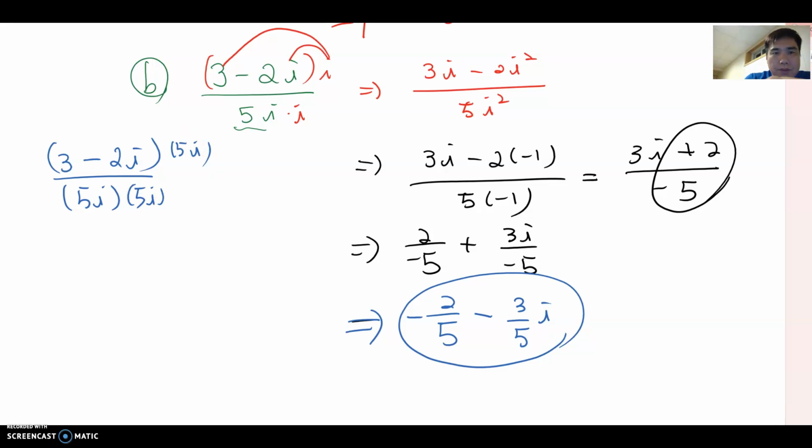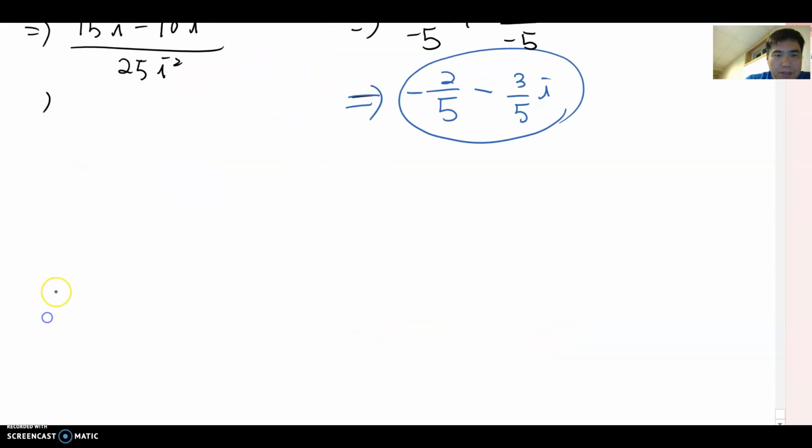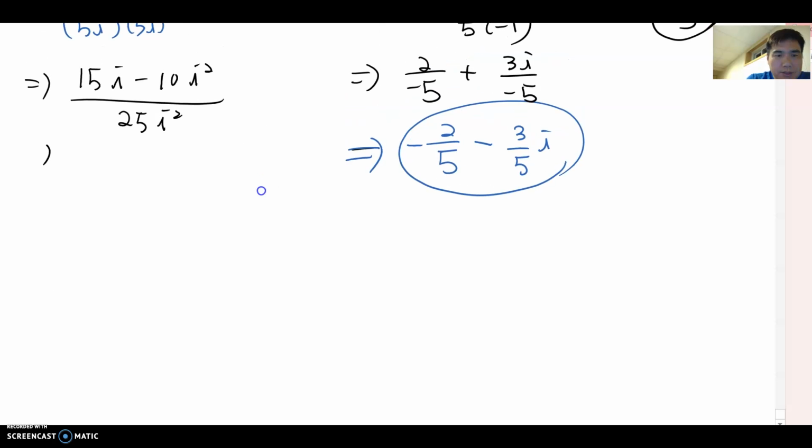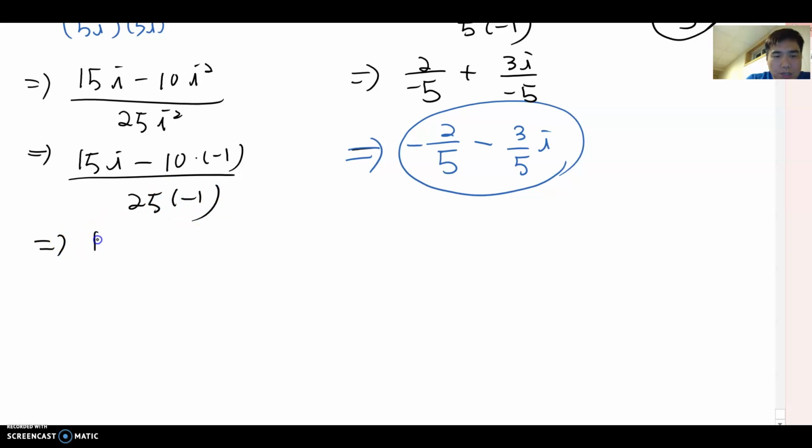Then this expression becomes 15i minus 10i squared over 25i squared. Therefore, 15i minus 10 times negative 1 over 25 times negative 1.